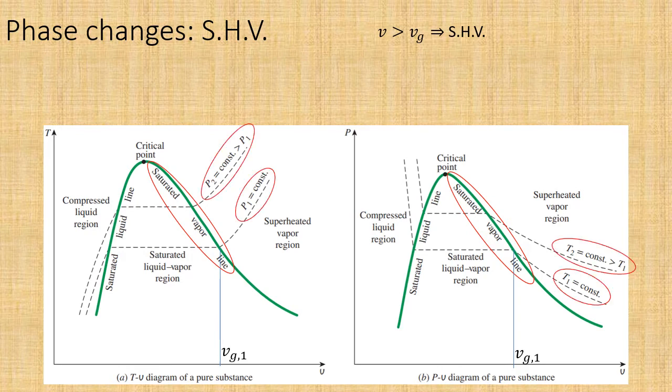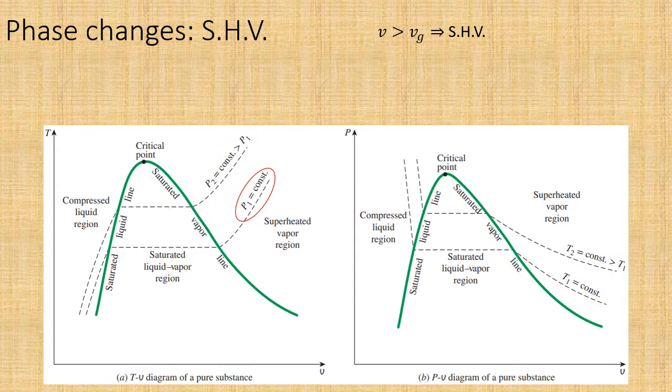Let's consider a constant pressure P1. If the temperature T is larger than the saturation temperature Tsat corresponding to P1, then we have a superheated vapor. Now let's consider a constant temperature T1.